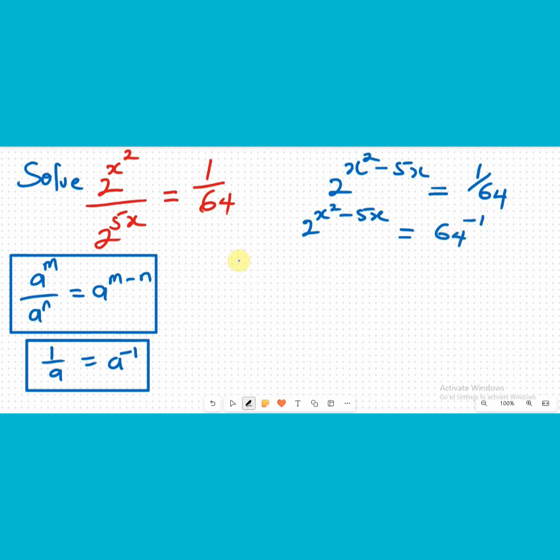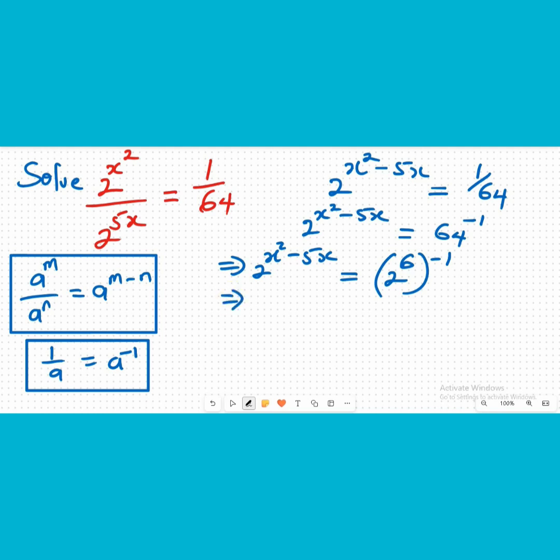Now this can be written as 2 raised to the power of x squared minus 5x is equal to, then 64 can be written as 2 raised to the power of 6, since 2 to the 6 is 64. Then remember there is an exponent of minus 1 here. The goal is to make this number have the same base as this so that they can cancel out.